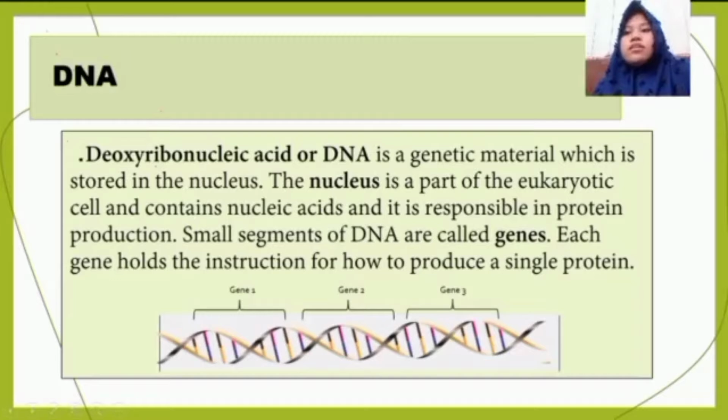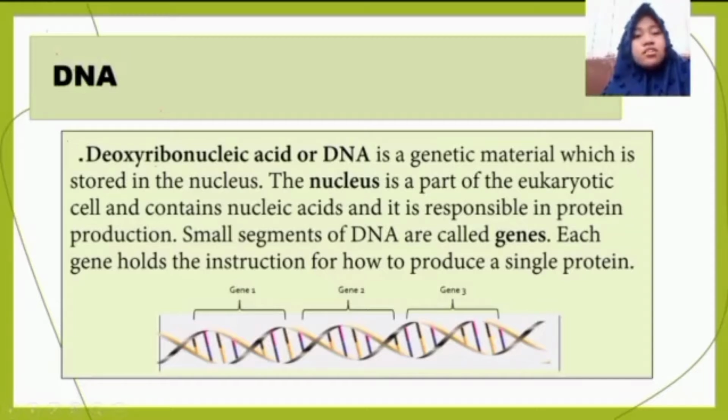DNA, or deoxyribonucleic acid, is a genetic material which is stored in the nucleus. The nucleus is a part of the eukaryotic cell and contains nucleic acids and is responsible for protein production. Small segments of DNA are called genes. Each gene holds the instruction for how to produce a single protein. DNA is the hereditary material in humans and almost all other organisms.